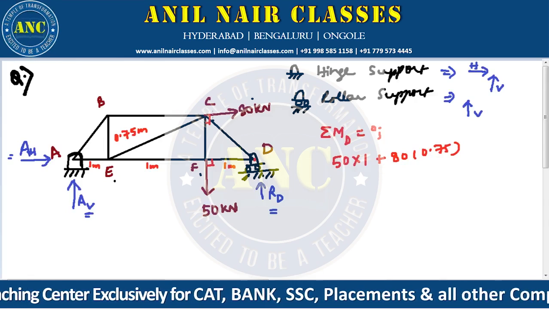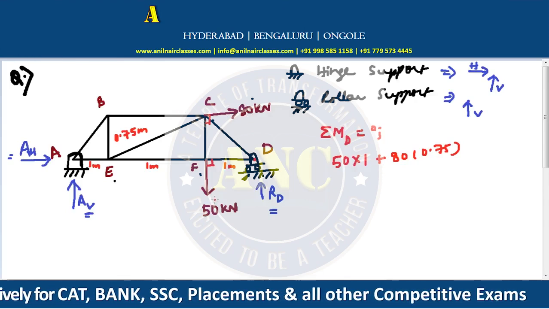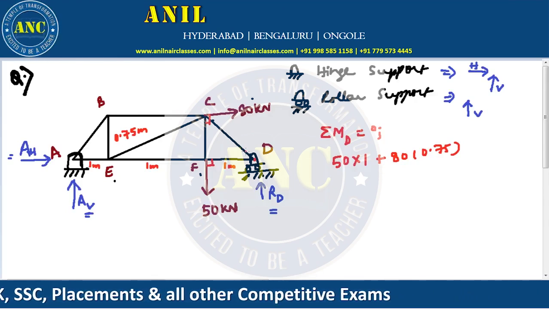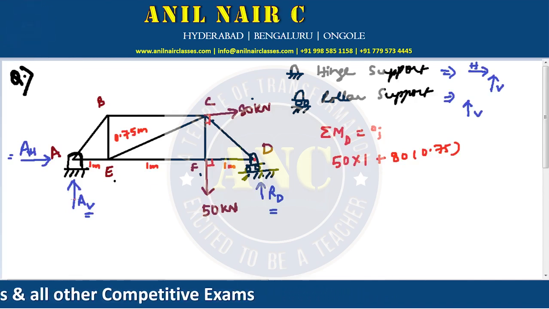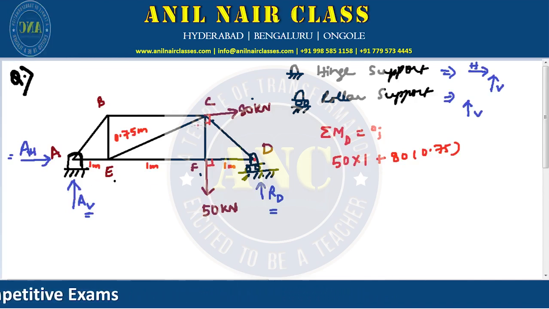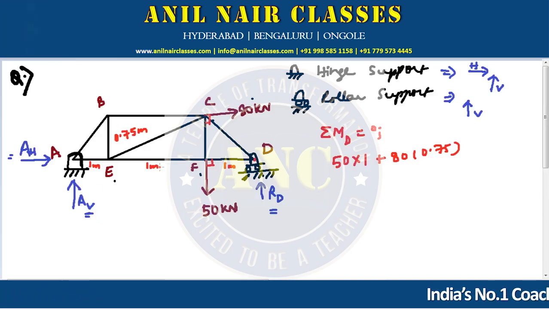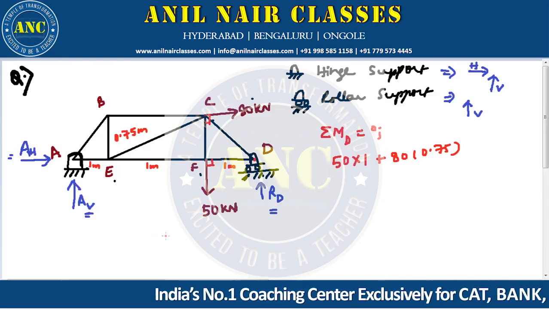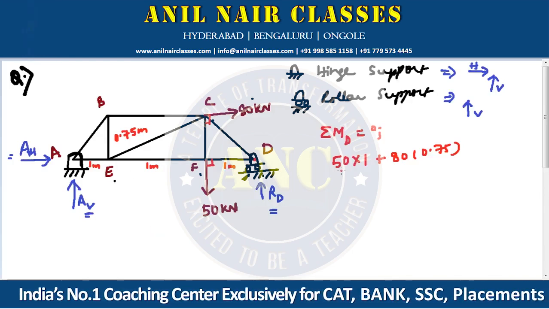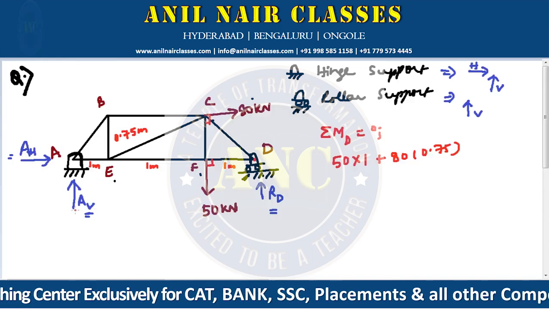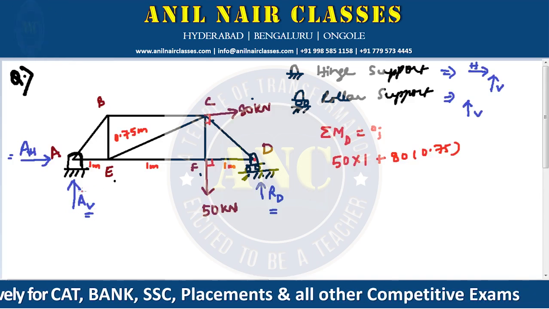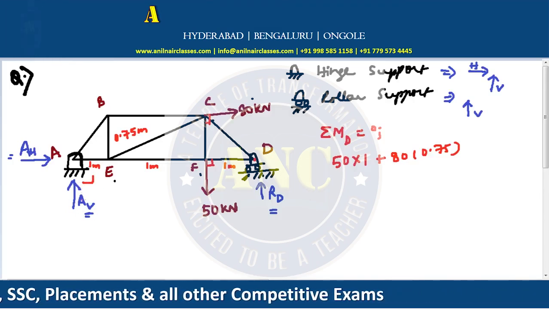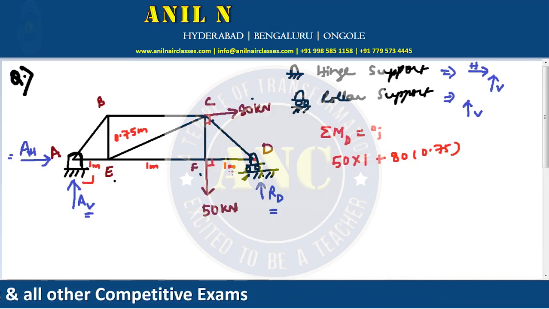But you can see here 80 and 50, the moments are different. Along AV, which is moving along AV? You can see this is one AV, and RD is also a force perpendicular at a distance of 3.